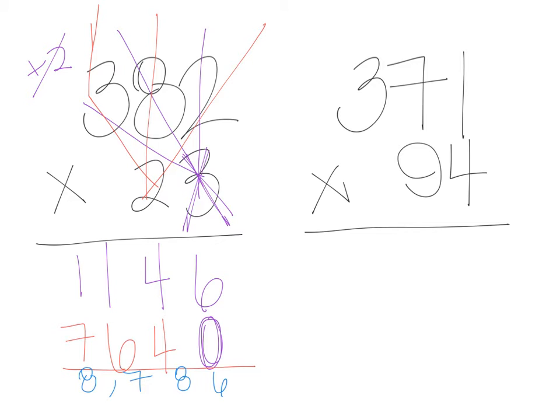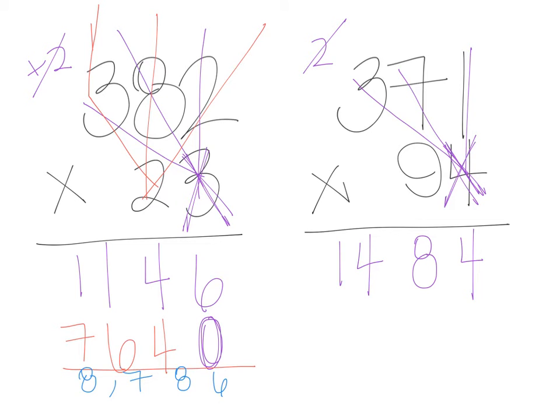371 times 94. 4 times 1 is 4. 4 times 7 is 28, so I bring down the 8, carry the 2. 4 times 3 is 12, plus 2 is 14. I'm done with that 4. I've used it on all three numbers, so I cross it out, and I bring down a 0. Switch to the 9. 9 times 1 is 9. 9 times 7 is 63, so I bring down the 3, carry the 6. 9 times 3 is 27, plus 6 would give me 33.